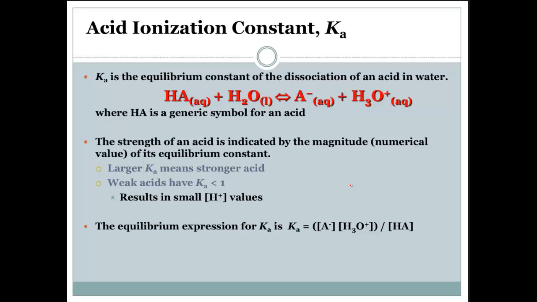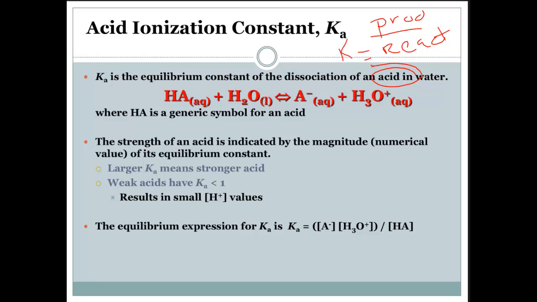Now remember, back in previous lessons we've talked about equilibrium constants. That's where the concentration of the products is divided by the concentration of the reactants, and that comes out to be K. Well, Ka is the equilibrium constant for the dissociation of an acid in water.